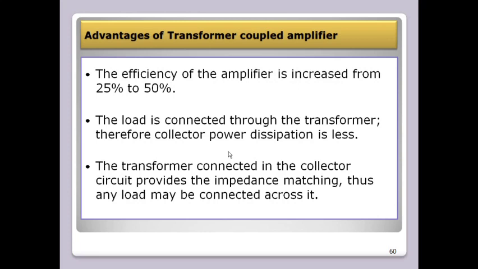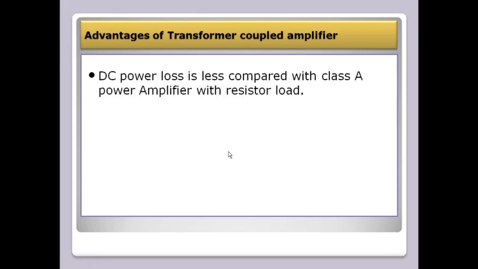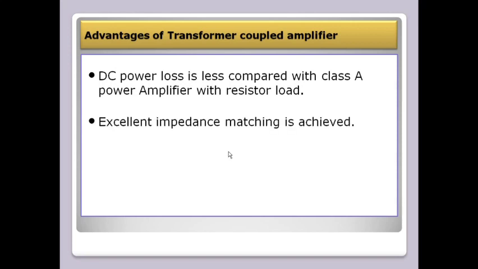So any load may be connected across it because of impedance matching. Power loss is very less compared with the resistive load, excellent impedance matching is achieved, and there is very low distortion.